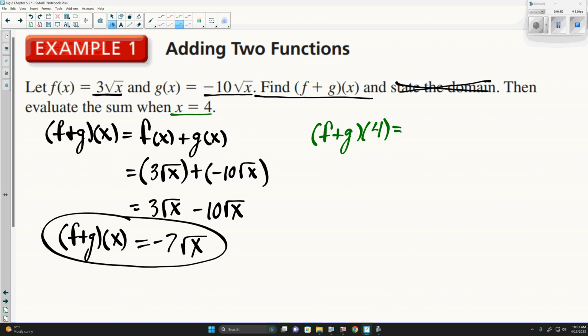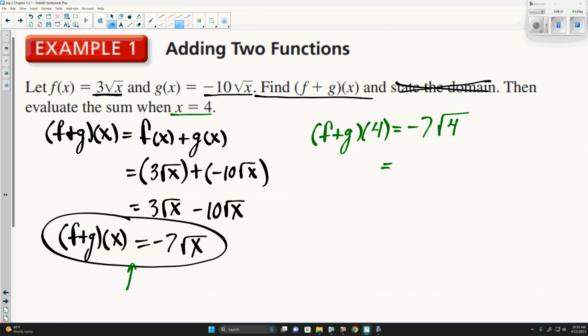Now at this point, we could go exactly as we did the last one and say f of 4 plus g of 4, plug 4 into both and then combine. But we already know what f plus g of x is. It's negative 7 times square root of x. So here we can just use it and plug 4 into it, giving us negative 7 times the square root of 4.